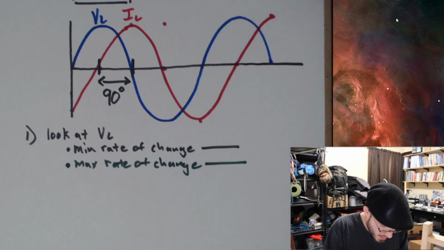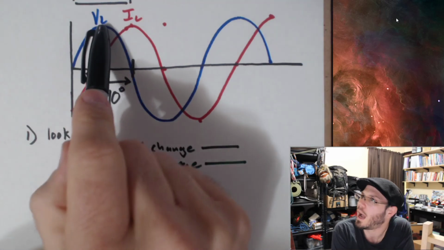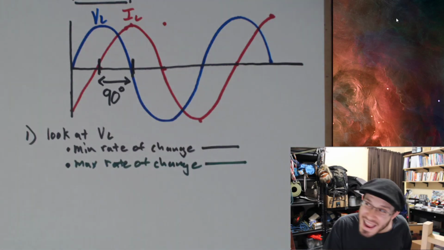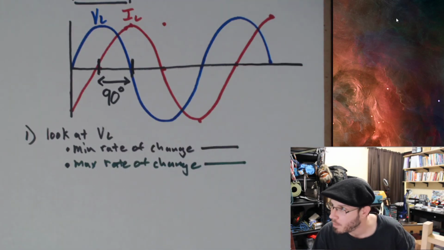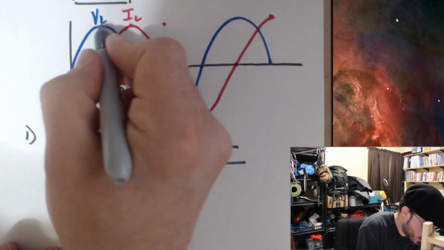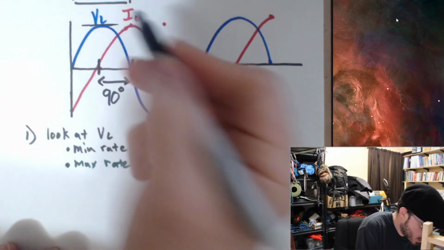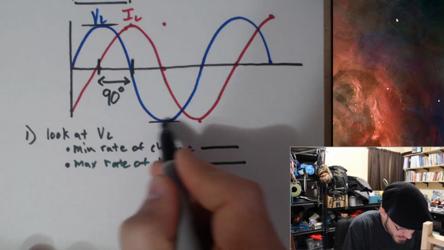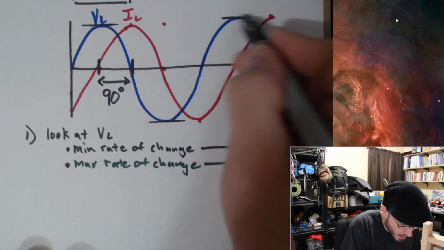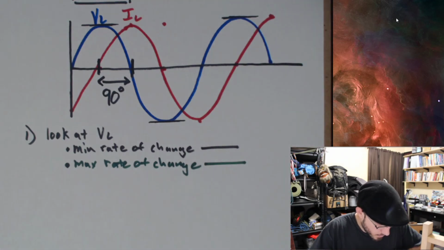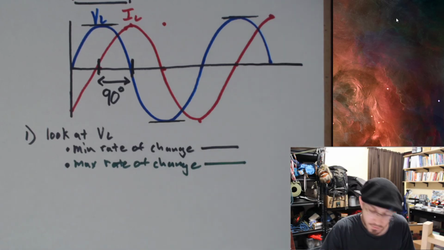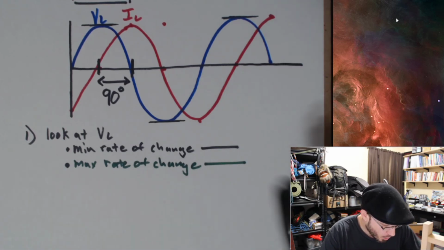Well, where's the min rate of change as far as this applied voltage to our inductor? Well, the min rate of change would be when the slope is the least. That occurs up here, and that also occurs down here and up here. Slope of the tangent line is the smallest at those points.